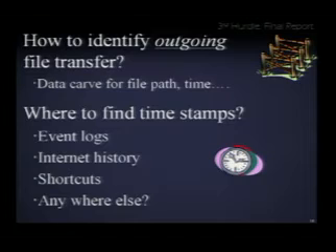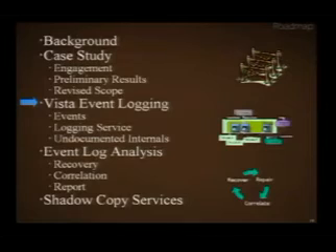Things like event logs, to timestamp the events, internet history, which is generated both by the browser and all kinds of applications. And we mentioned shortcuts. Okay, so now that we know what we need to do, we need to recover all these kinds of information. And we know that it's not available through the file system. We're going to have to go carve it out.